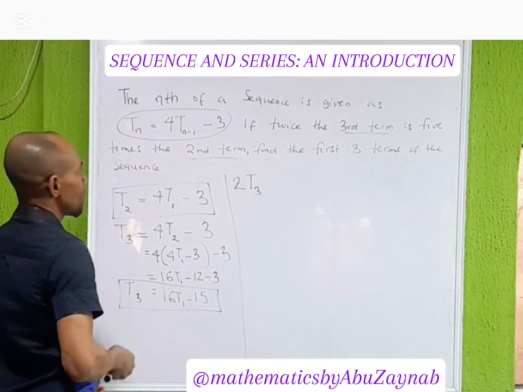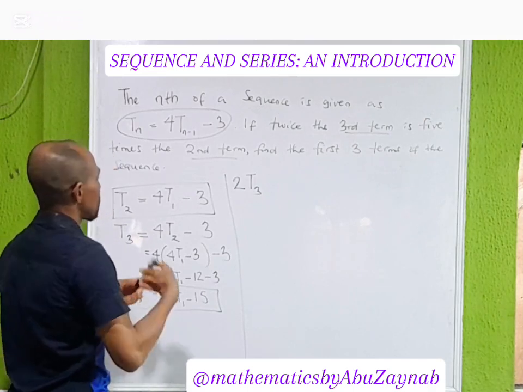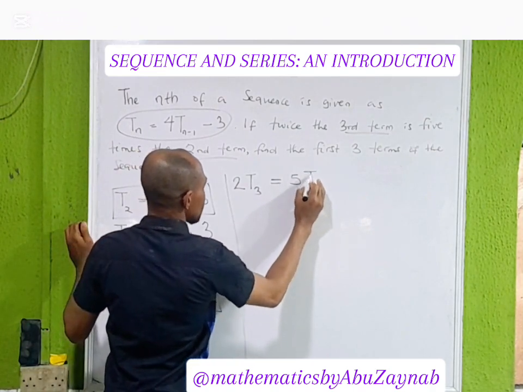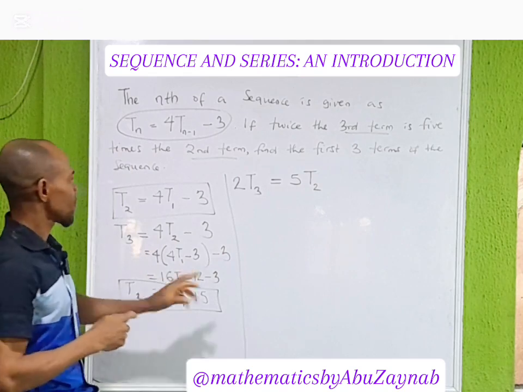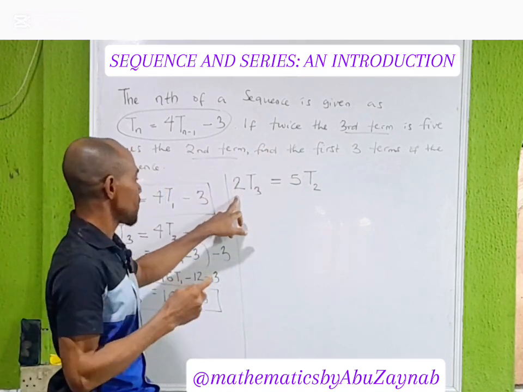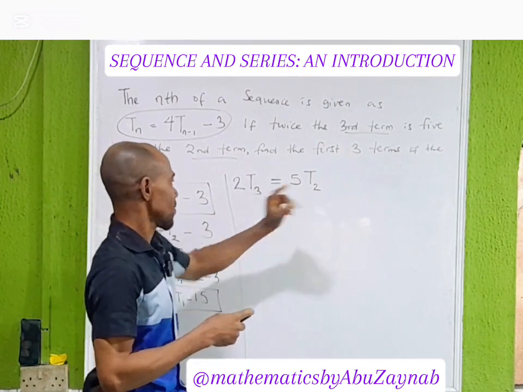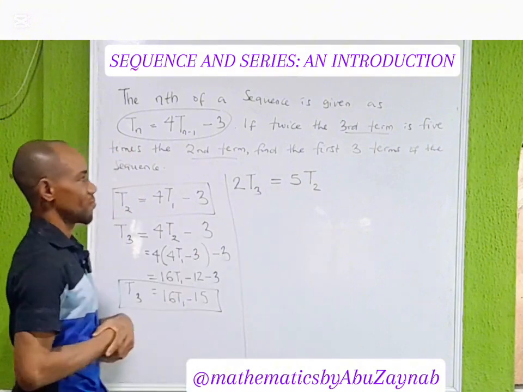Twice the third term is 5 times the second term. Hope you can see that coming out. Twice, that's 2 times the third term, T3, is 5 times the second term.